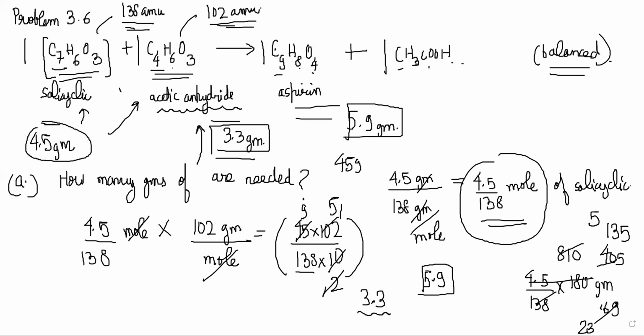Okay, so what do you mean by the yield of a chemical reaction? What it means is basically that not all reactions go to completion. It's not like whenever some reaction happens, 100% of the substance reacts. That is very rare.